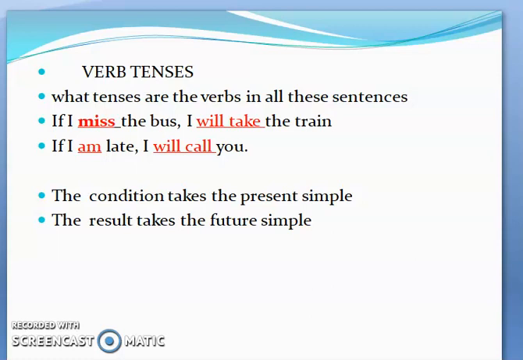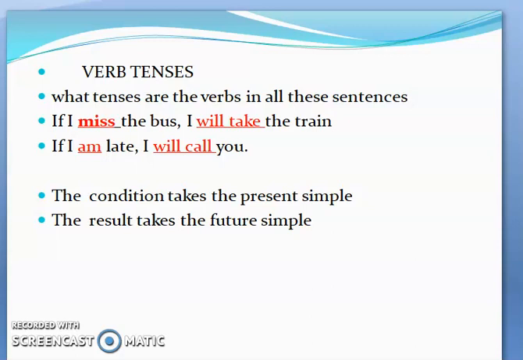What tenses or verbs in all these sentences can you identify? If I miss the bus, I will take the train. If I am late, I will call you. The condition takes the present simple and the result takes the future simple. That is what tenses we have used.